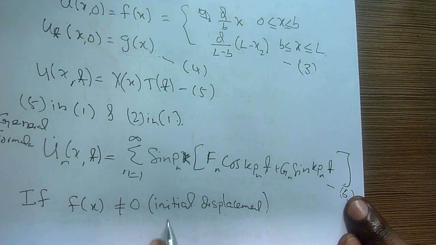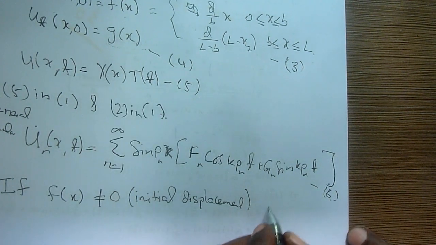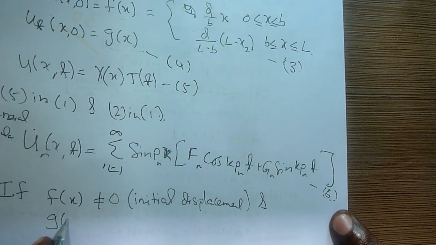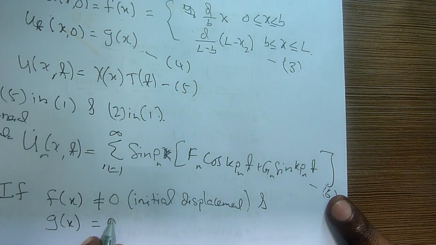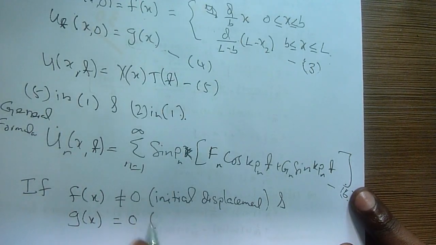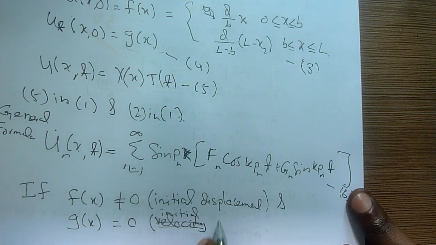If the initial displacement is not 0 and gx equals 0, that means gx here is the velocity, the initial velocity.